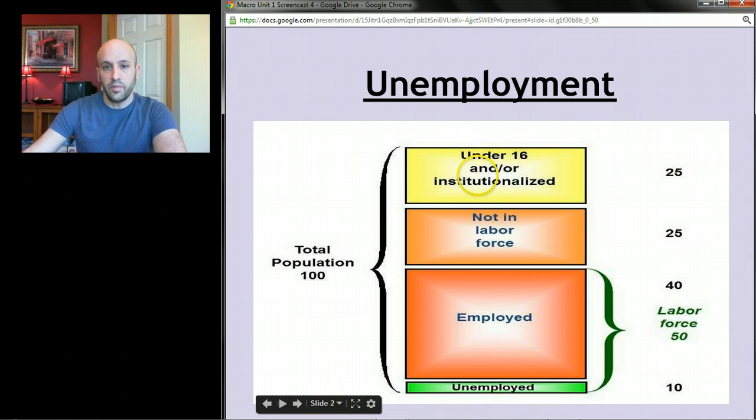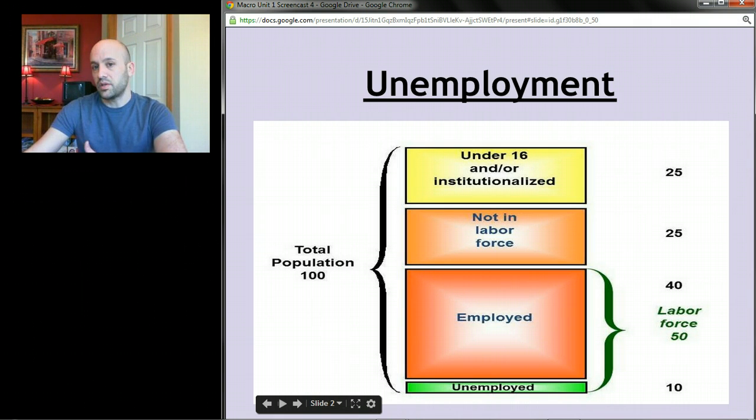The people in the yellow box and the people in the orange box are considered to be not in the labor force at all. So we're going to define the labor force as those people who are employed or unemployed, people who have jobs or people who don't have jobs but are looking for jobs.